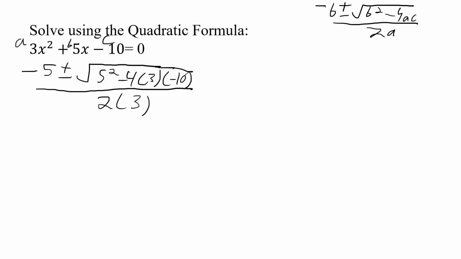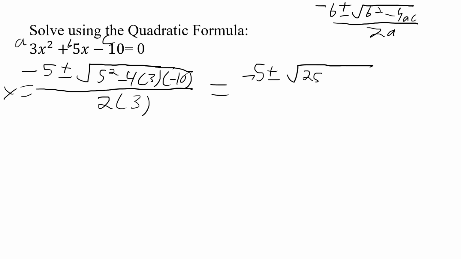Let's go ahead and get this thing simplified. And of course this is what x is. So negative 5 is just going to stay by itself. There's nothing we can do with it right now. But we know that 5 squared is 25. And we know that 4 times 3 is 12. And 12 times 10 is 120. And notice that there's two negatives.